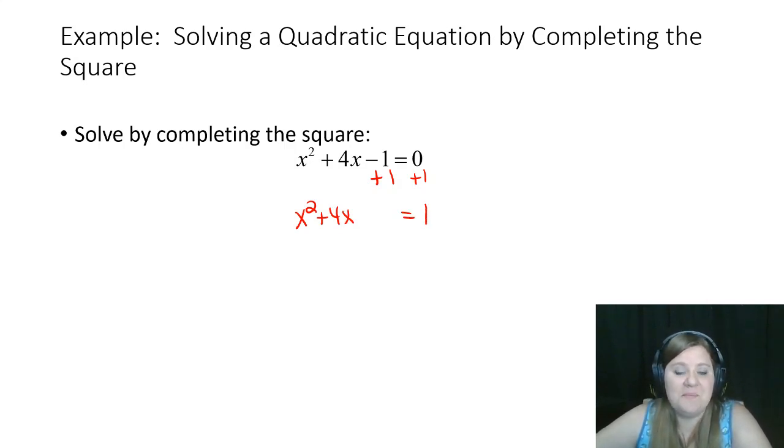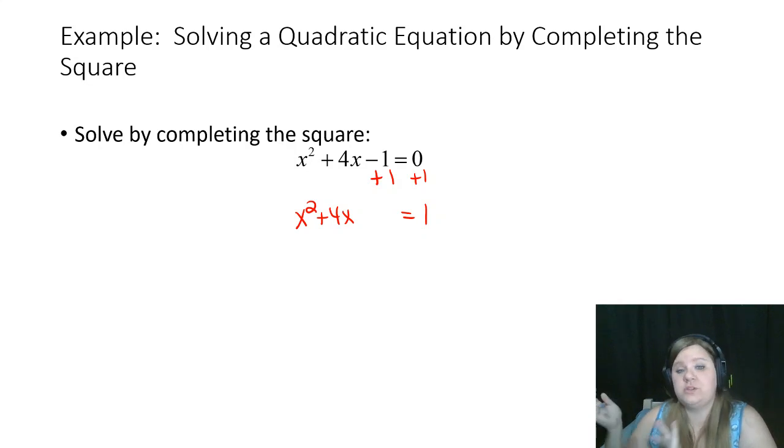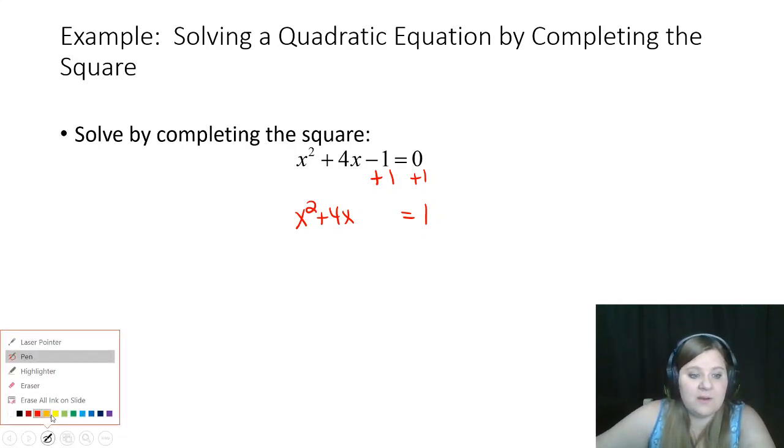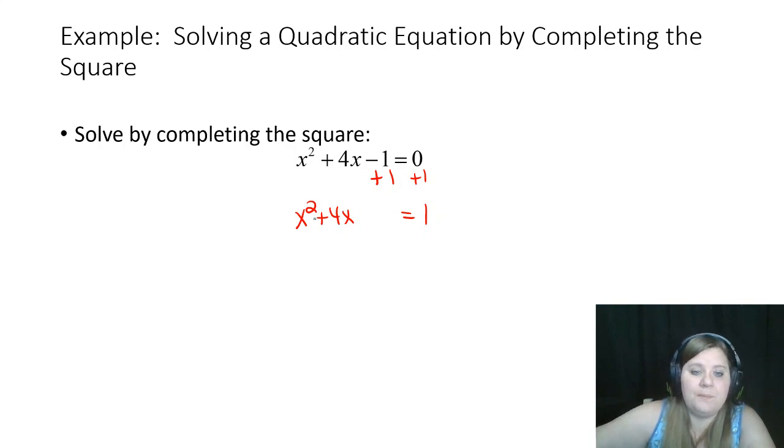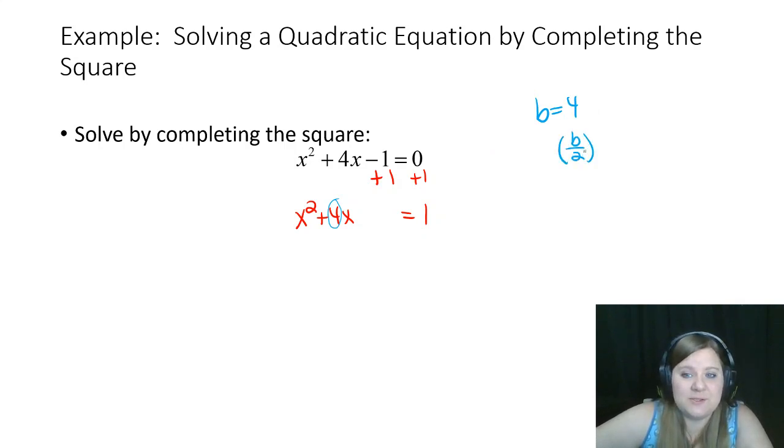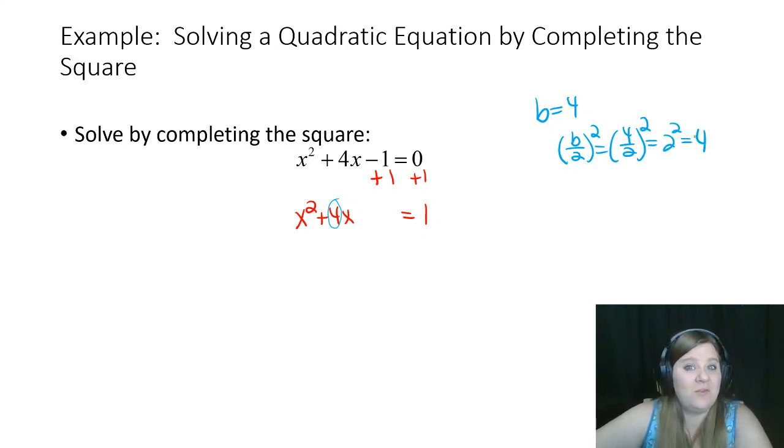Okay, so again, make sure you start with only the two things on the left side. Now we want to find our b value. Our b value is 4. And that means we're going to find b divided by 2 squared by doing 4 divided by 2 squared, which is 2 squared, which is 4 again. So that means I'm going to add 4 right here.